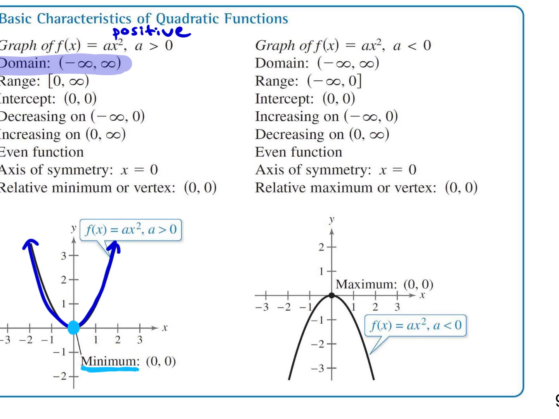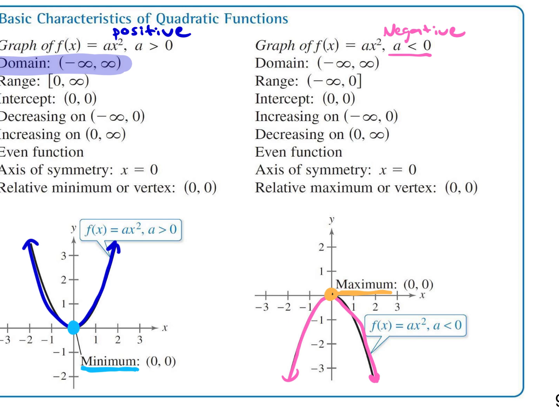Now if a is negative, so if a is less than 0, we're talking about when it's negative. Now our parabola opens down, and our vertex is at the maximum. So here, when we have an upside down parabola or an upside down U, when our parabola opens down, our vertex is at the maximum.